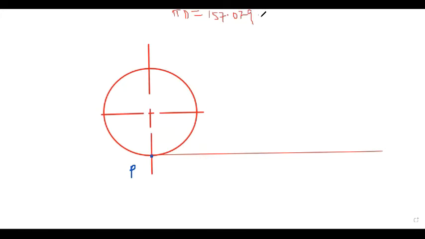And we take it as 157 millimeter. So from point P, we draw a horizontal line. The distance will be 157 millimeter.